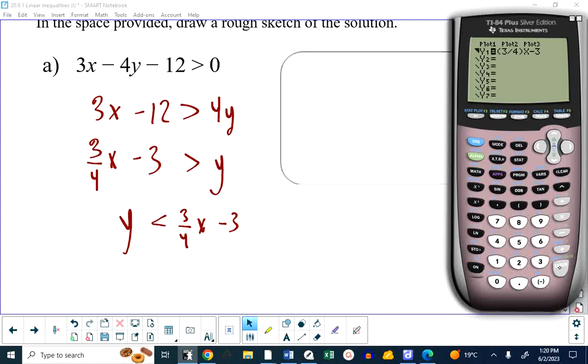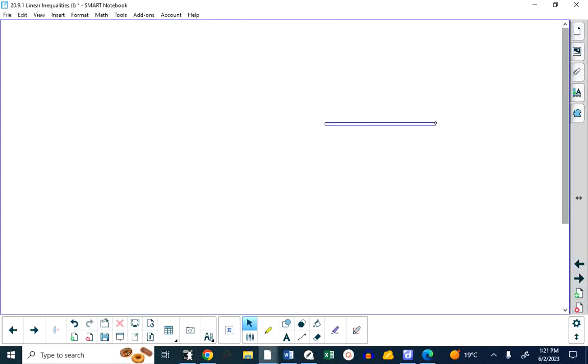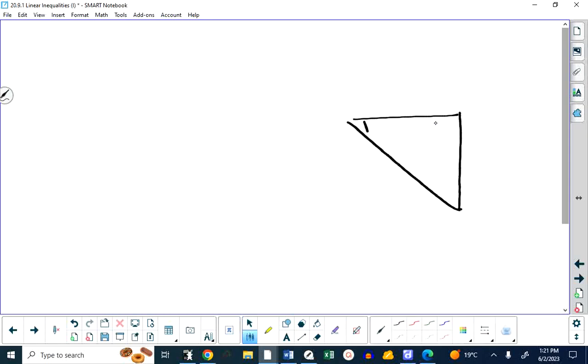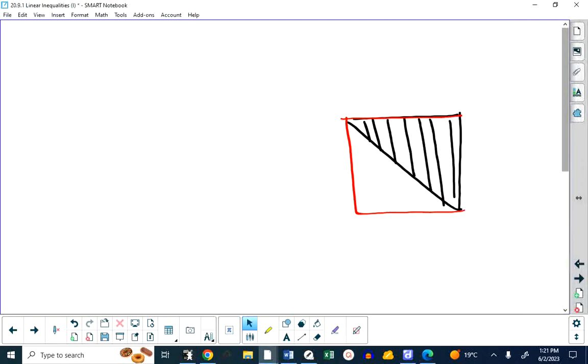Well, wait a minute. Look at that for a second. You've got a triangle on the screen that looks like this. Well, that is shading above. So if I want to shade above, and I believe I do, don't I?